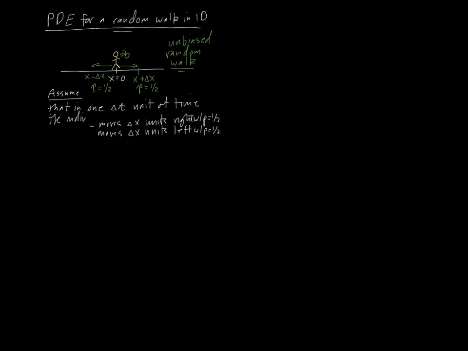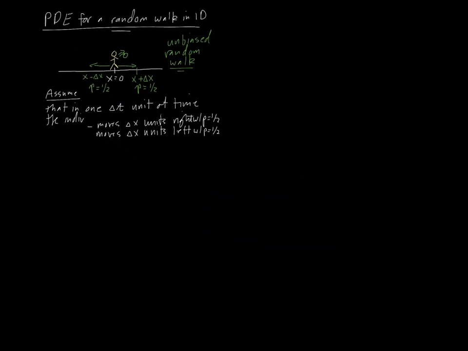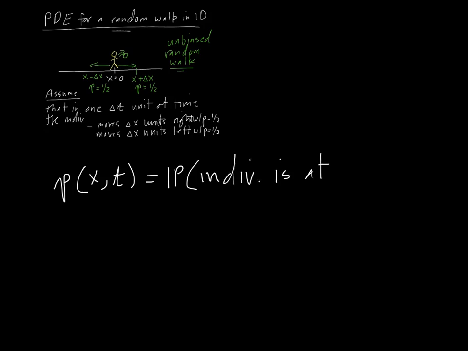So let's go ahead and put this here in the corner, and let's call P of x comma t the probability that the individual is at x at time t. Okay, so that's a probability, and it's going to give us a probability density function for each time t, and we condition then using the rules of the random walk above.